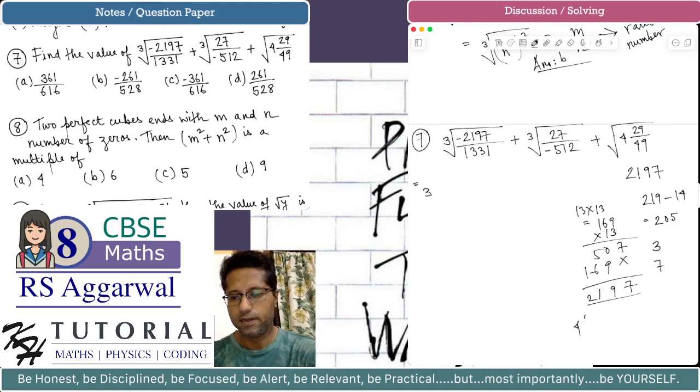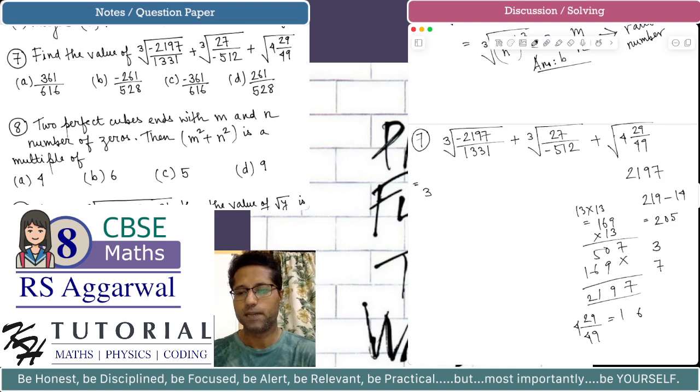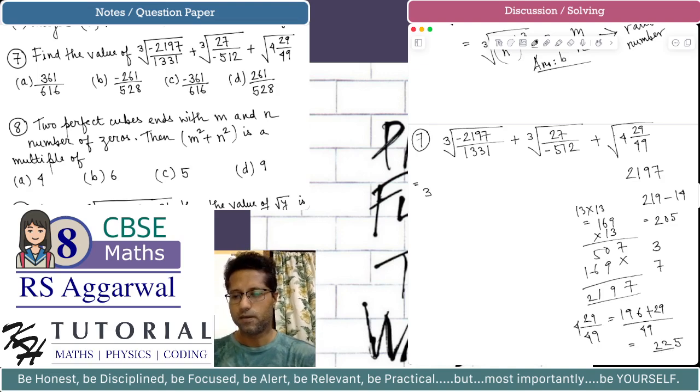If I convert 4 29/49 to an improper fraction, this becomes 225 by 49.